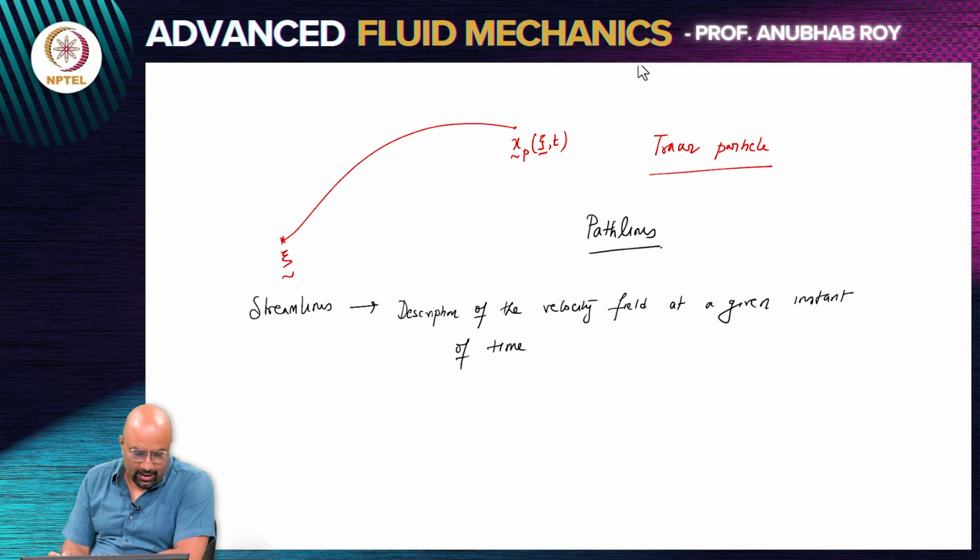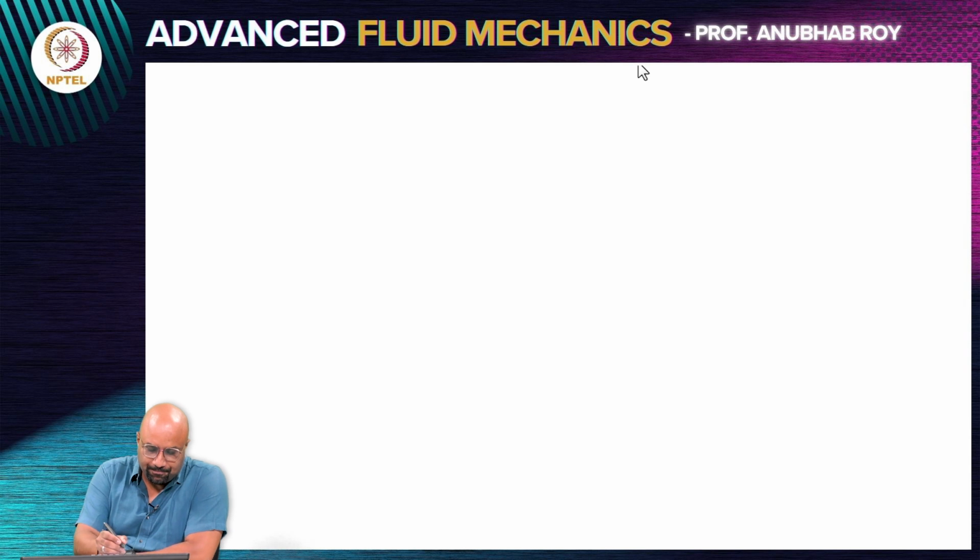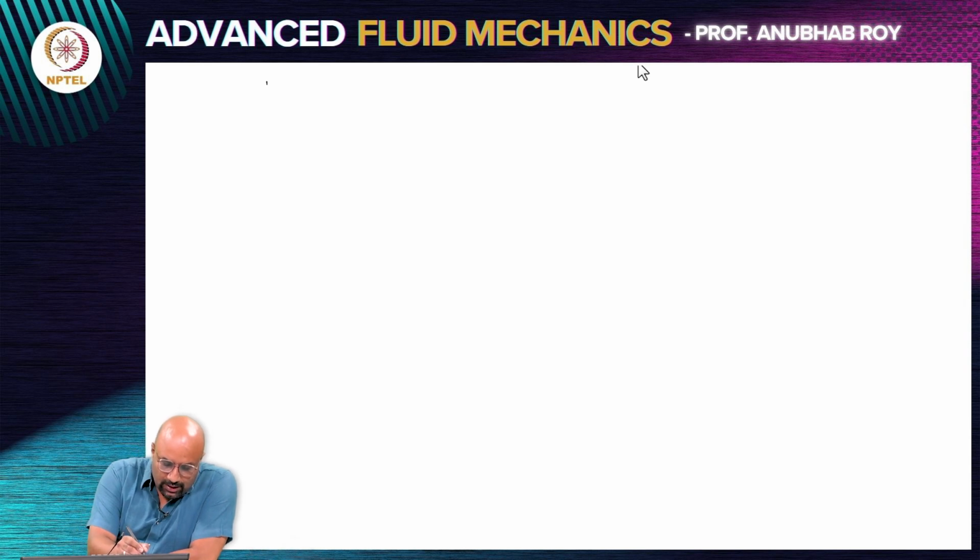So we did a set of few problems yesterday. I'll just do a few more and then get on to doing the description that we get from pathlines, because it will introduce naturally what we think of the flow field. So we saw one problem yesterday where the x component of velocity was x and the y component was minus y.